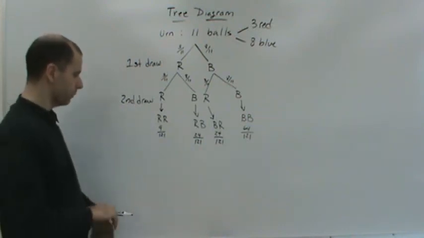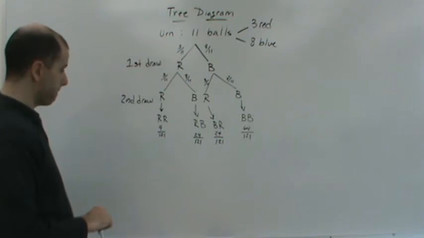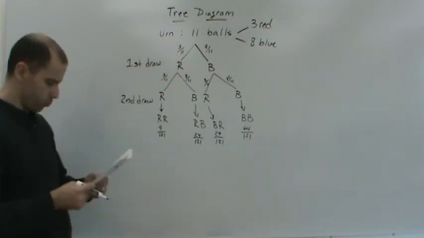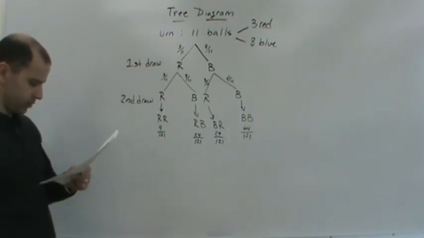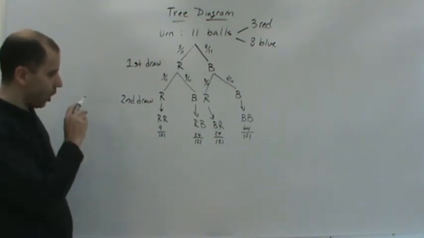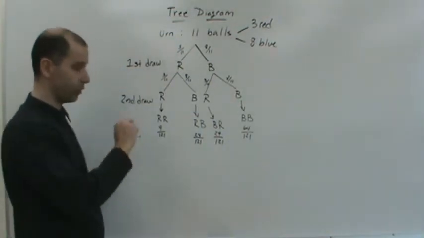Okay, so let's see here. Yeah, that's pretty much it for the tree diagram. So now, here's the thing, let's also consider the distinct outcomes because we have, remember, 121 distinct outcomes. Why?